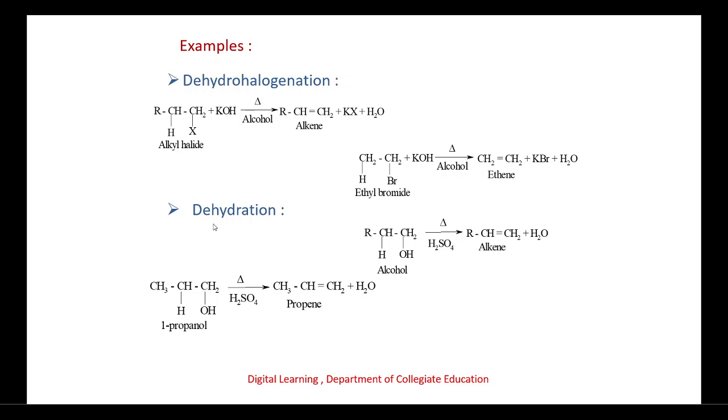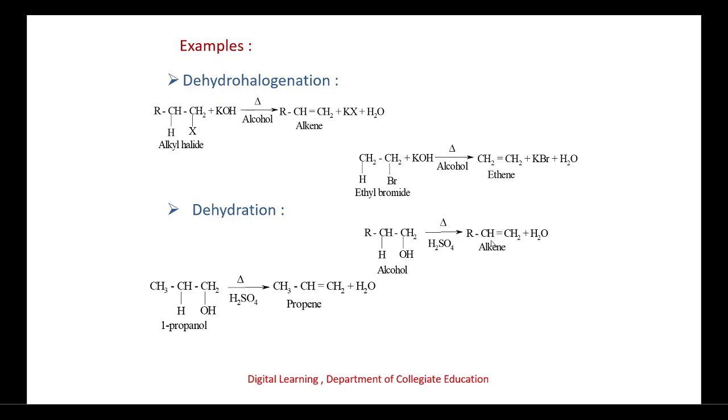The next example of the elimination reaction is dehydration. De means removal, hydra means water. When you remove a water molecule across two carbon atoms resulting in unsaturation, we call that process dehydration. For example, when we take an alcohol and heat it in the presence of sulfuric acid, we remove a hydrogen and a hydroxide group from two successive carbon atoms.